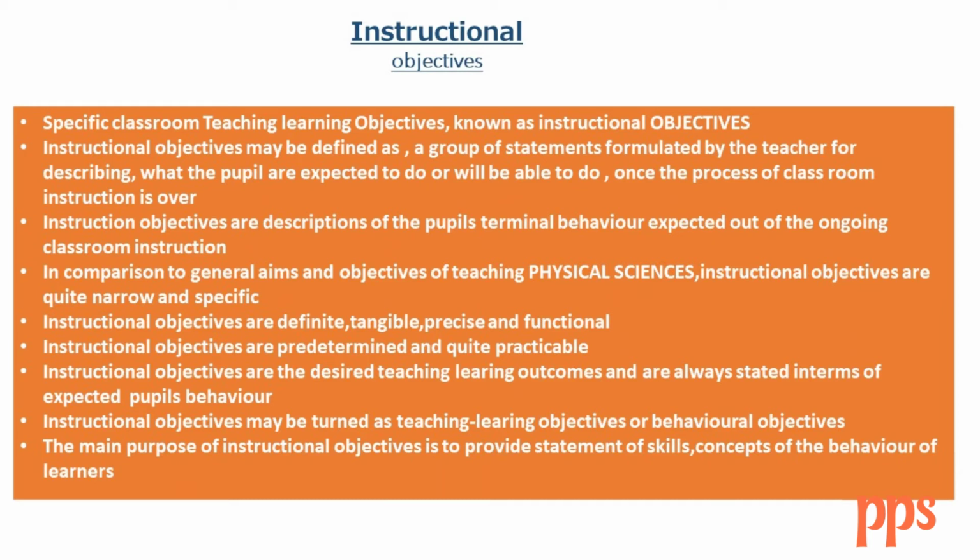Instructional objectives are the desired teaching-learning outcomes and are always stated in terms of expected pupils' behavior. Instructional objectives may be termed as teaching-learning objectives or behavioral objectives. The main purpose of the instructional objectives is to provide a statement of skills and concepts of the behavior of learners.